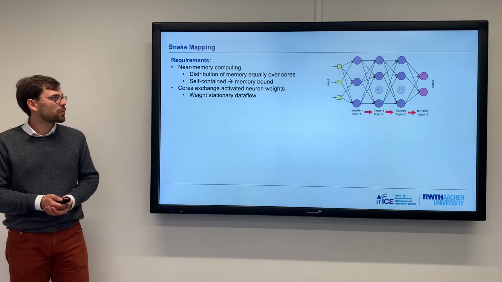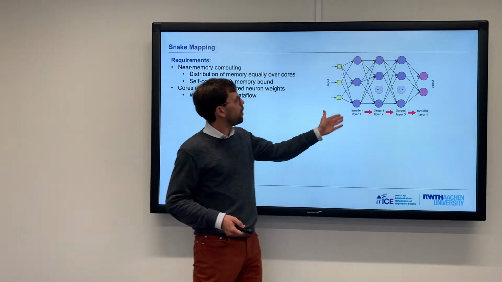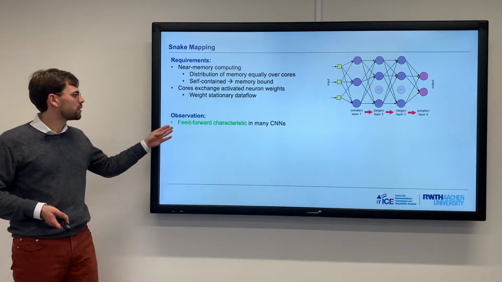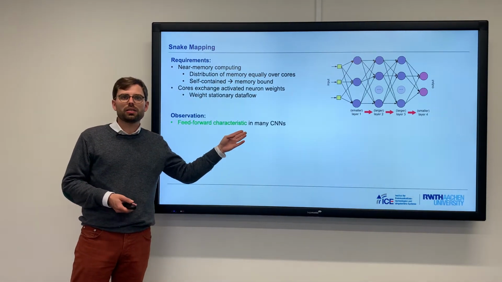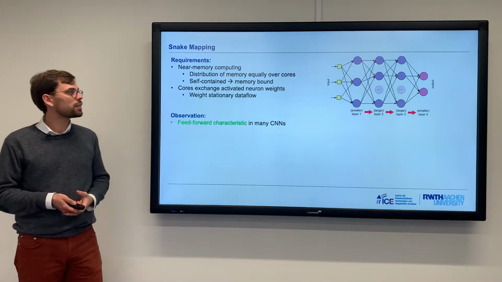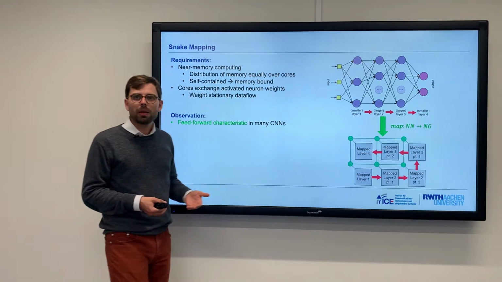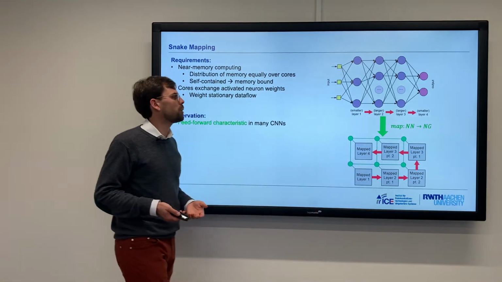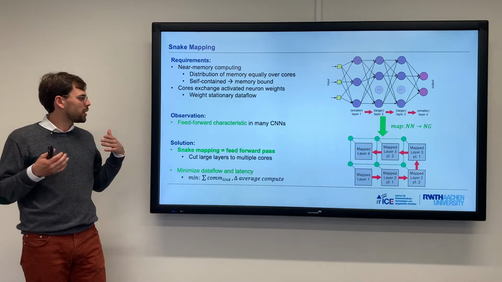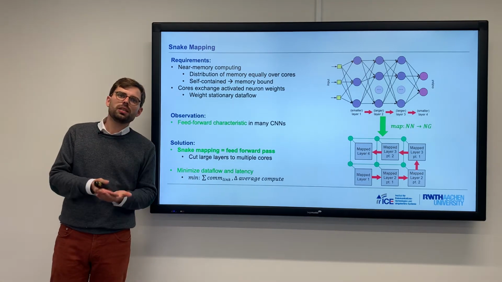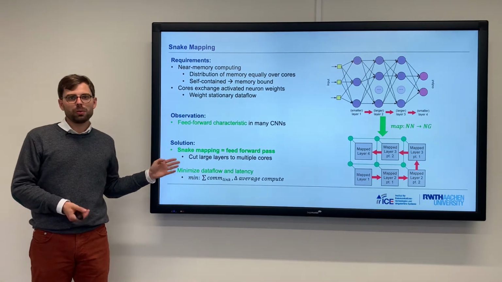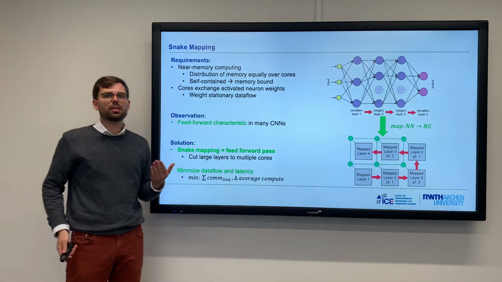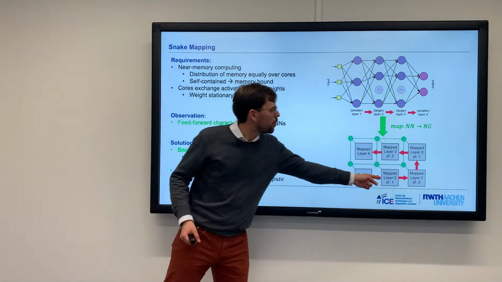So if you just revisit again our CNN, what you can see here is something like a prevalent data flow, right? And this is this feed-forward characteristic that is present in nearly all CNNs. And so if we want to find a mapping function that maps the neural network to the network graph, so NN for neural network and NG for the network graph, what you can now see is there's a very clear solution idea for this, namely that we can do something like a snake mapping, which just folds this forward path characteristic in an S shape over all these cores.